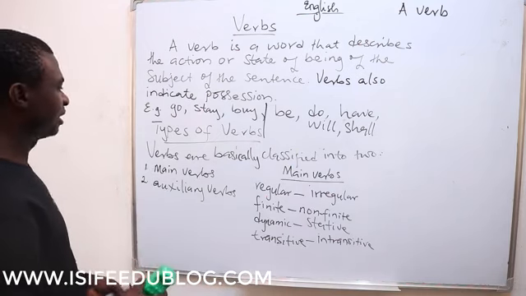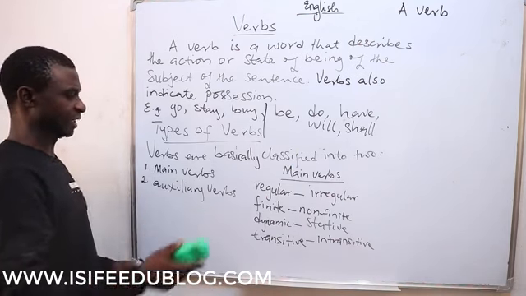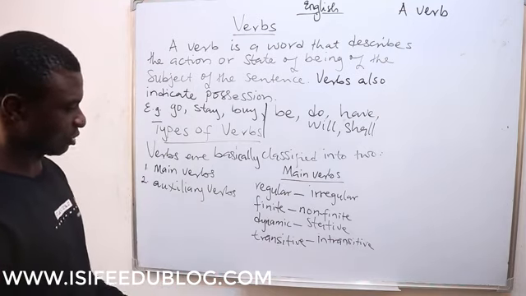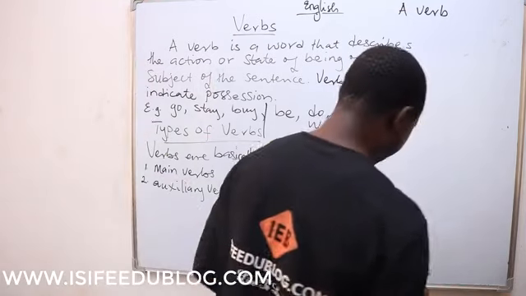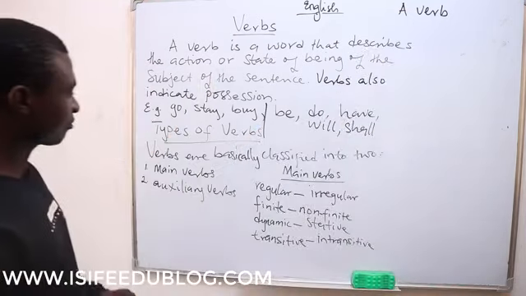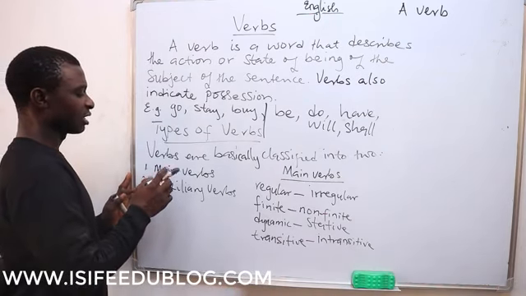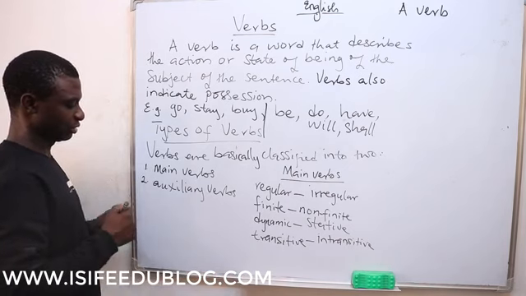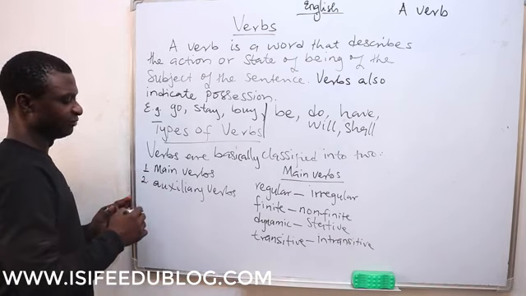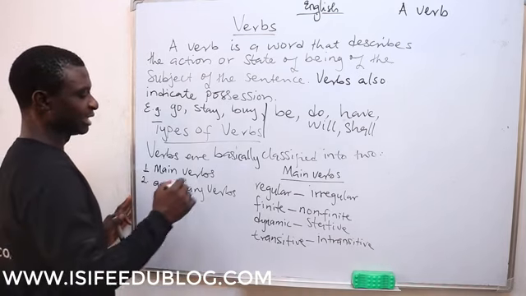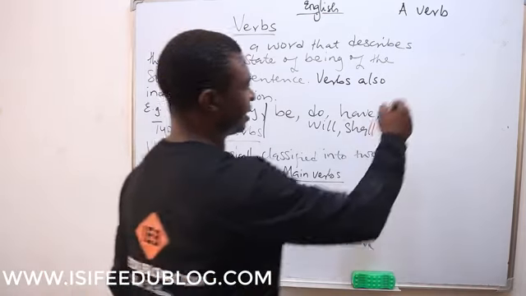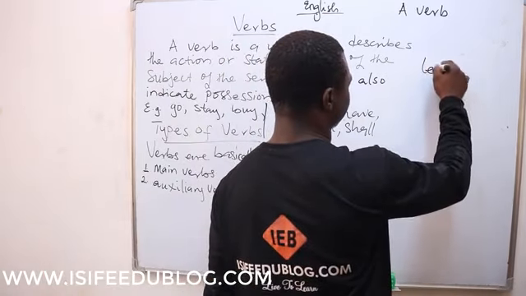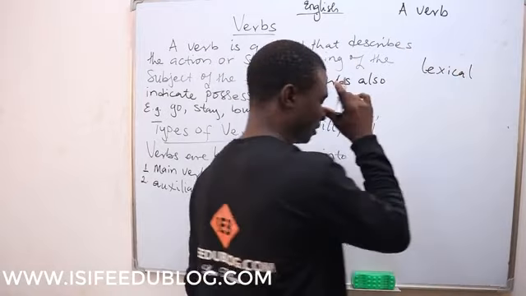For now, let us look at types of verbs. Again, we classify verbs basically into two. The first one is the main verb, which is otherwise known as lexical verb. Right?